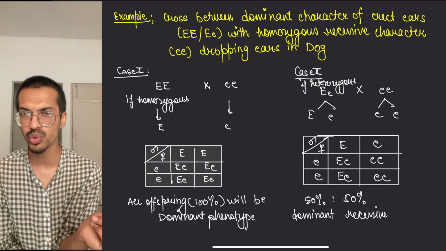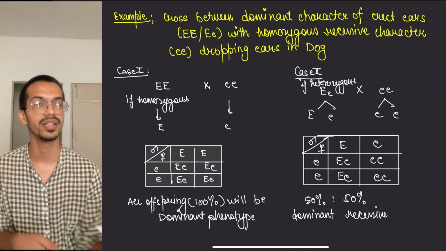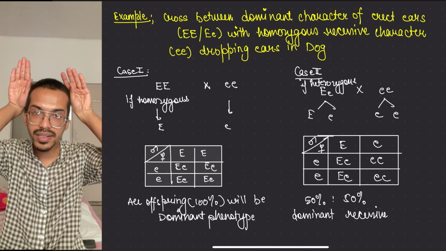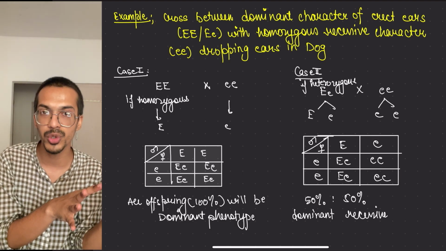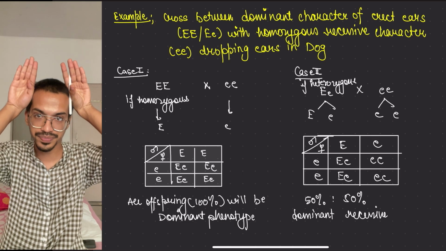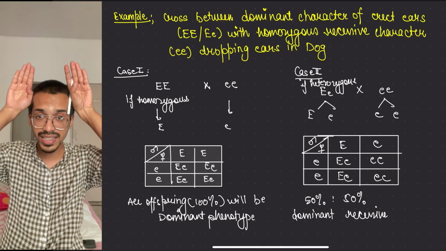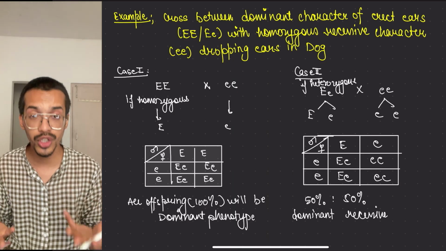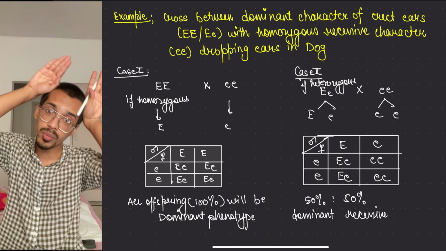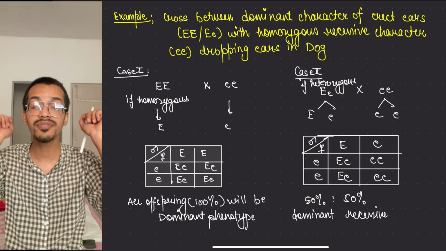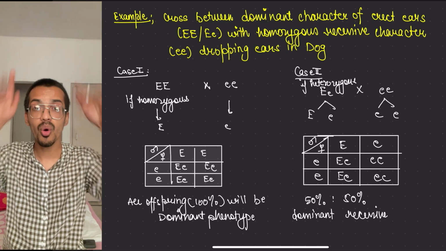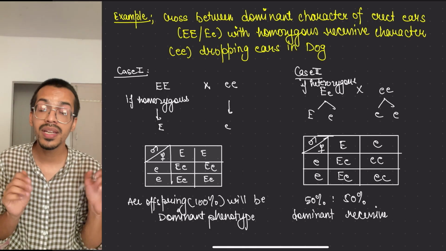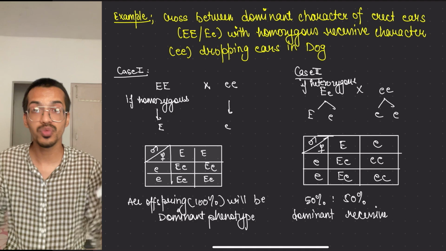Let me just recap quickly because the understanding is very important. If I have erect ears, erect ears is a dominant character. Even if a heterozygous condition would be there, it will show. Now if someone wants to ask whether this dog's genotype with respect to this is homozygous or heterozygous: if I would be homozygous, then when a recessive, drooping female dog is bred with me, all the babies would have erect ears.